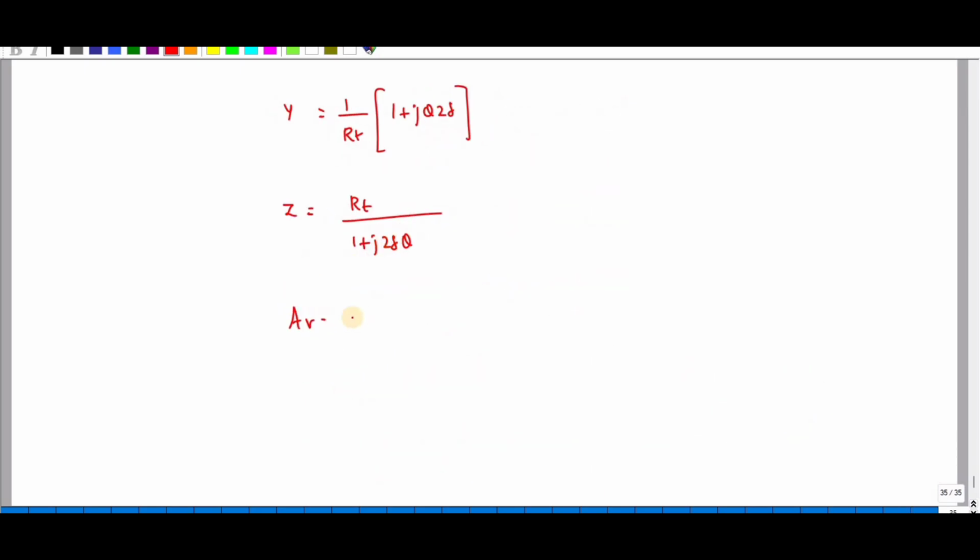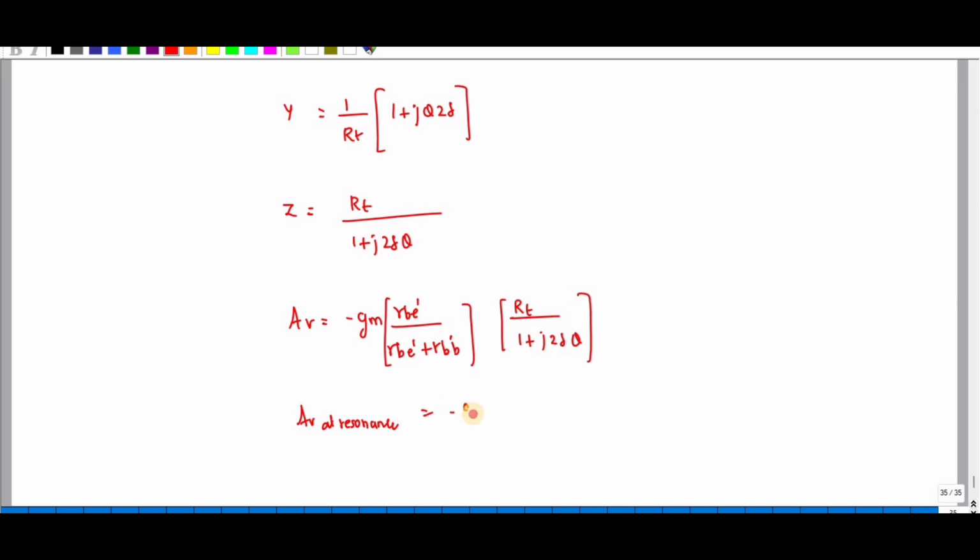AV is equal to minus gm RBE divided by RBE plus RBB into RT plus 1 plus j2 del Q. So this AV at resonance is equal to minus gm RBE divided by RBE plus RBB. So at resonance del value is 0, so you will get RT. Okay, so this is your fourth equation and this is your fifth equation.